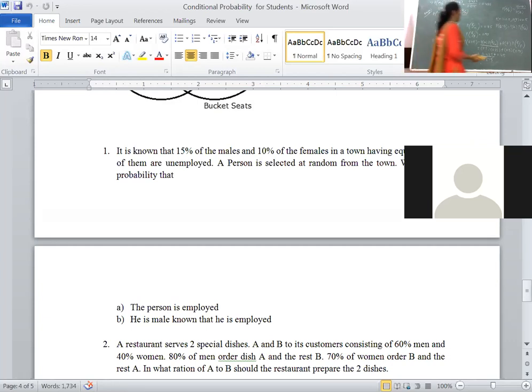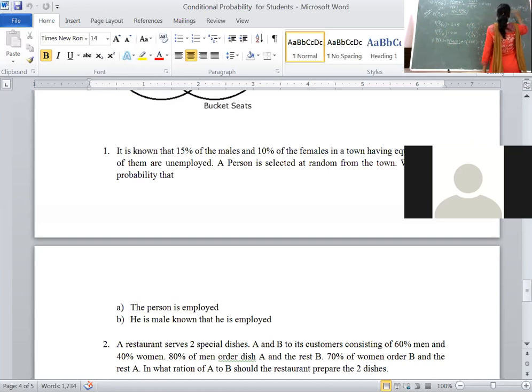Have you remembered the formula of Bayes theorem? What is the Bayes theorem formula? An event A in conjunction with one of the n mutually exclusive and exhaustive events that it was preceded by, the probability of Ei given A is equal to, again inverse of conditional probability, A given Ei. Which event happened earlier?